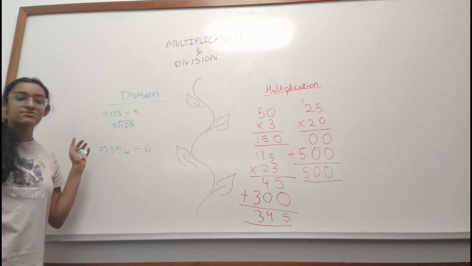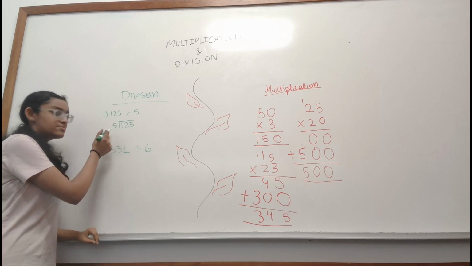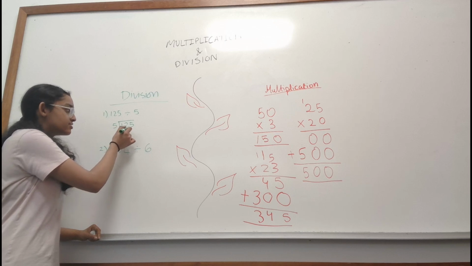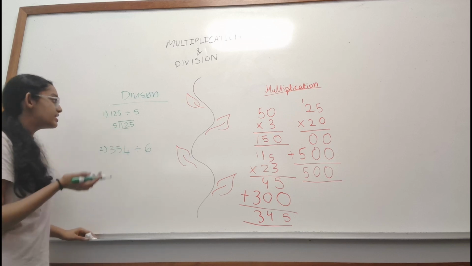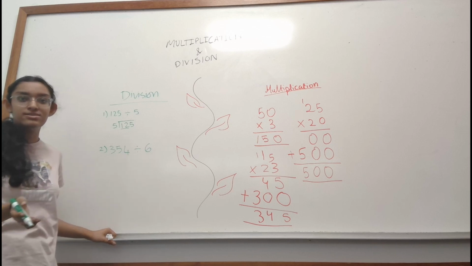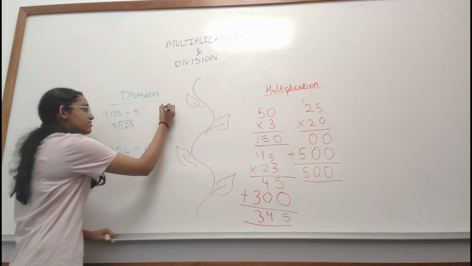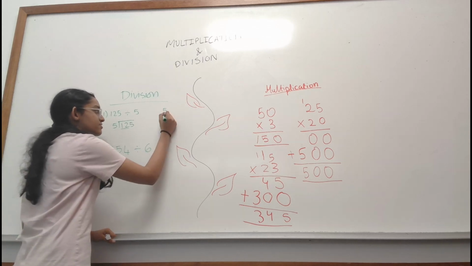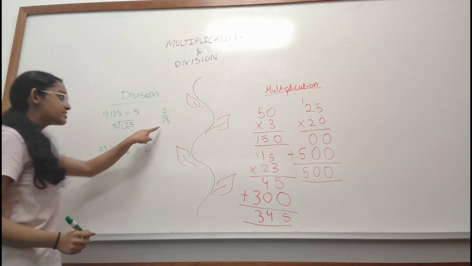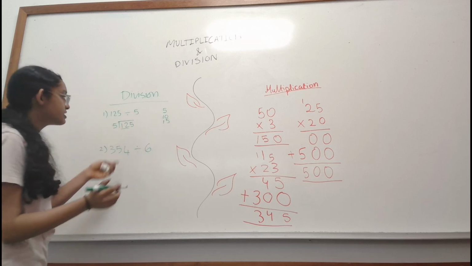So basically, for long division, you need a multiple of 5 that's smaller than these two numbers, 12. And you have to subtract it from that until you get to a remainder of 0 or to a remainder itself. So we know 5 1s are 5, 5 2s are 10, 5 3s are 15. You see, we've exceeded the limit of 12. So now we're going to go back to the one before it, which is 10.